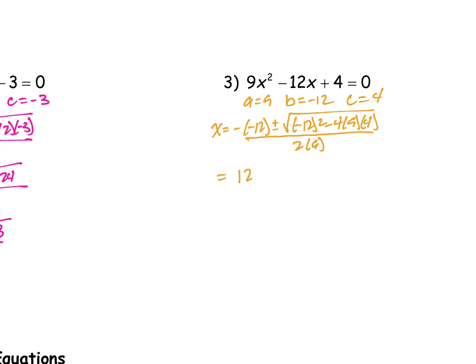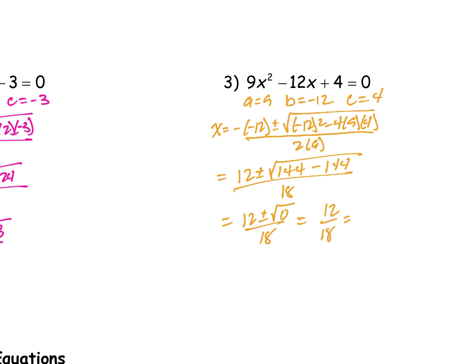So we've got 12 plus or minus the square root of 144 minus 144, all divisible by 18, which equals 12 plus or minus the square root of 0 over 18, which is 12 over 18, or 2/3.